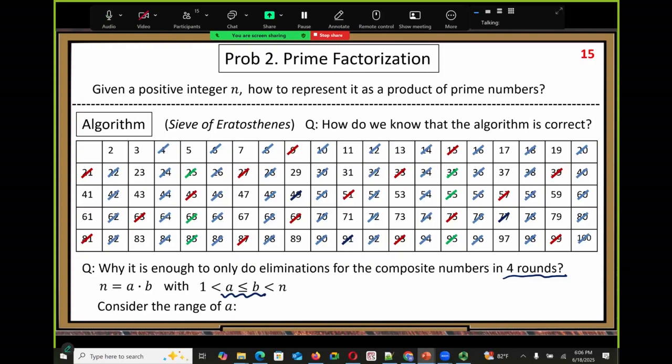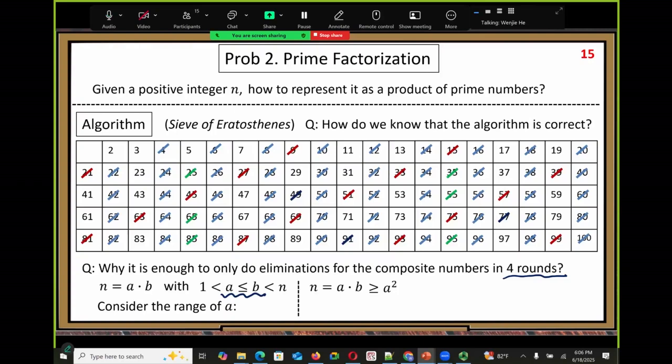Now we want to determine the range for A, using basic inequalities. N equals A times B, and because B is greater or equal to A, if we replace B by A, the product of A and B should be greater or equal to A squared.